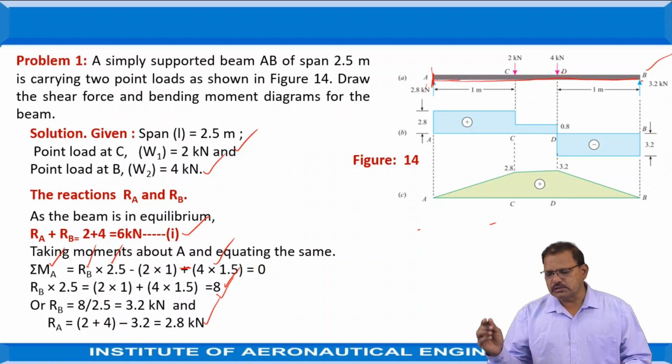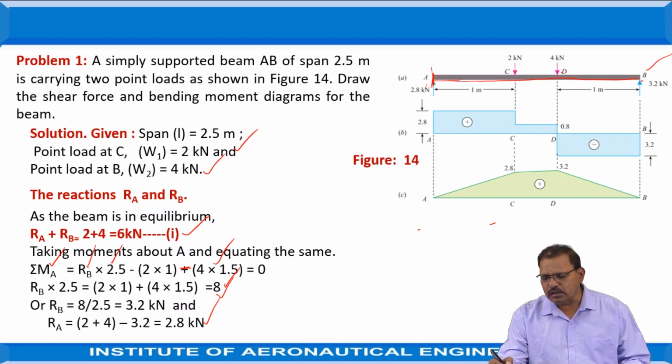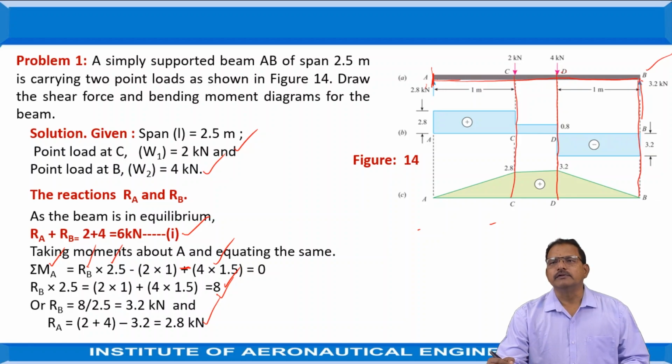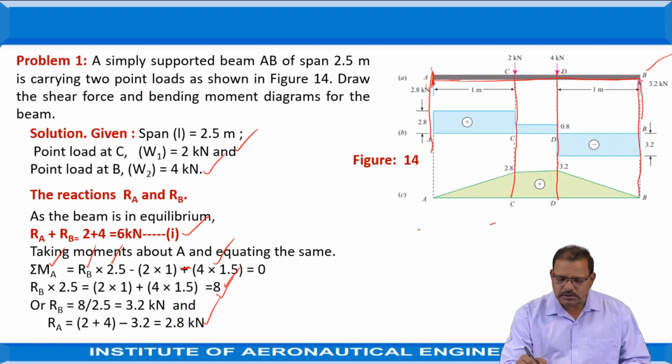The procedure is, just after drawing the beam according to some suitable scale, represent all the forces which are acting on it. Now draw the vertical lines in the downward direction for drawing the shear force as well as the bending moment diagram.